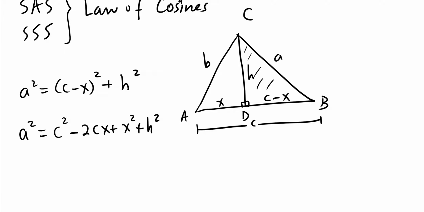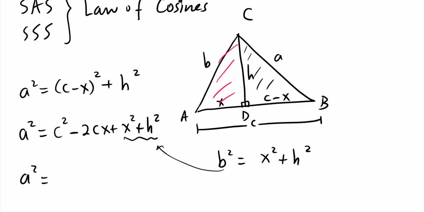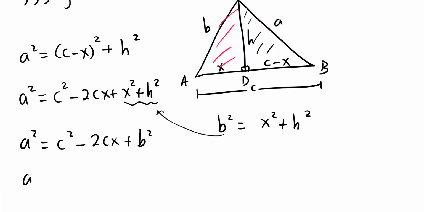In the left triangle, the red triangle, by the Pythagorean theorem, b squared equals x squared plus h squared. So I'm going to replace this with b squared. Then a squared equals c squared minus 2cx plus b squared. Let me rearrange this: write b squared first, then c squared minus 2cx.